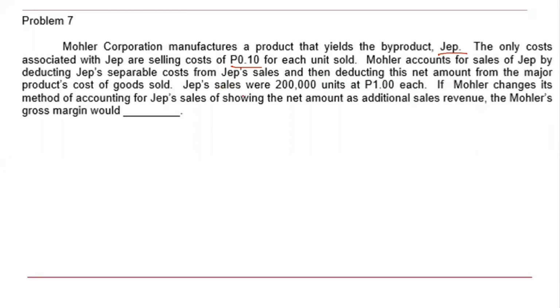It seems you know what method we are using. JEP sales were 200,000 units at 1 peso each. If Molar changes its method of accounting for JEP sales to showing the net amount as additional sales revenue, Molar's gross margin would blank.